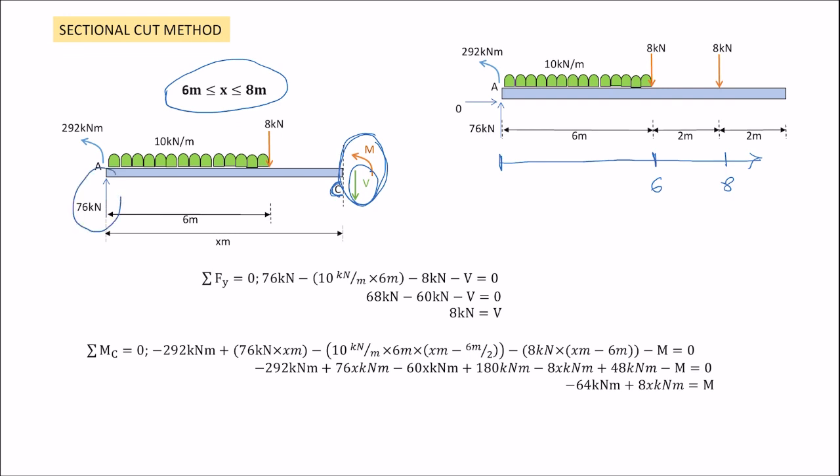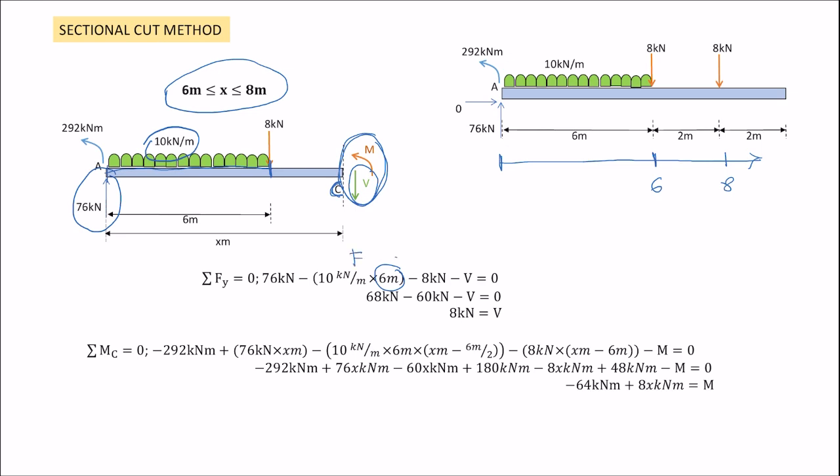You have one force 76 kilonewton, the RAY reaction. You have 10 kilonewton, this is the UDL. Okay, beza sikit kat sini, bukan darab X sebab sekarang ni limit kita dah sampai X, dah lebih lagi daripada hujung UDL. So kita dah ada panjang UDL ni, which is 6 meter. Therefore darab dengan length UDL.